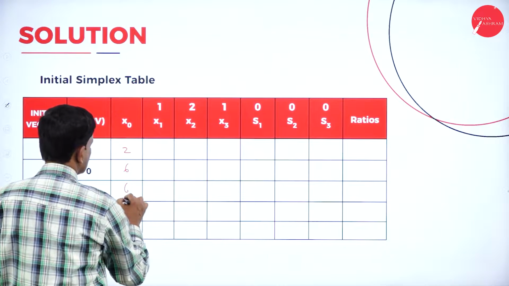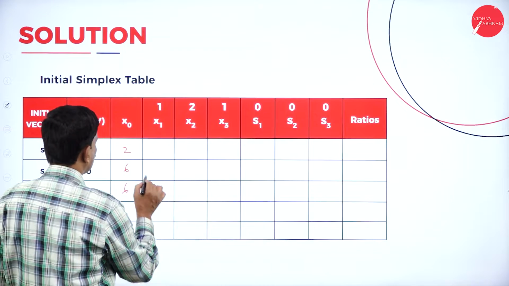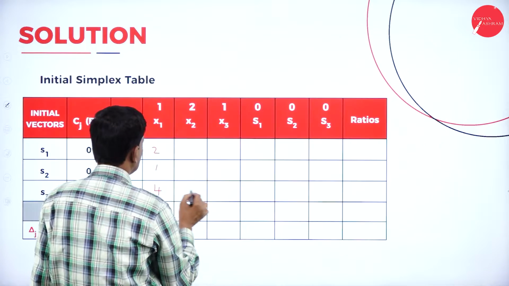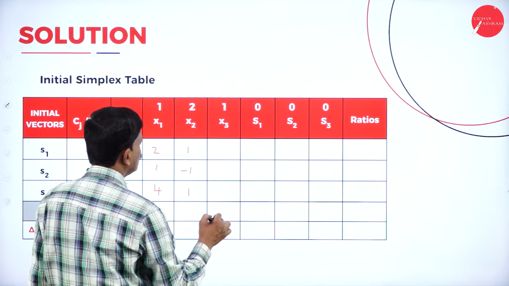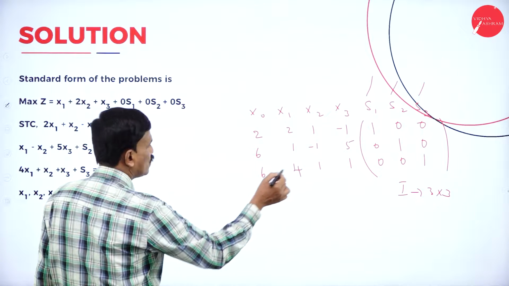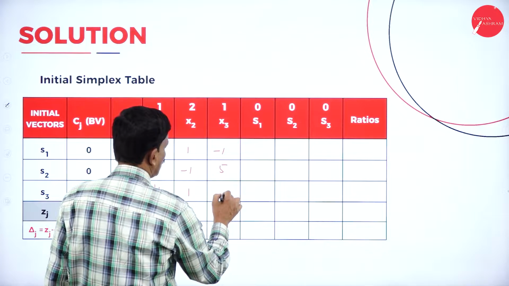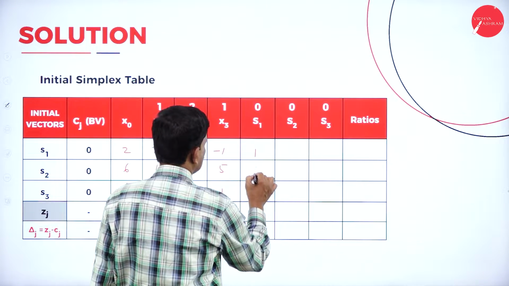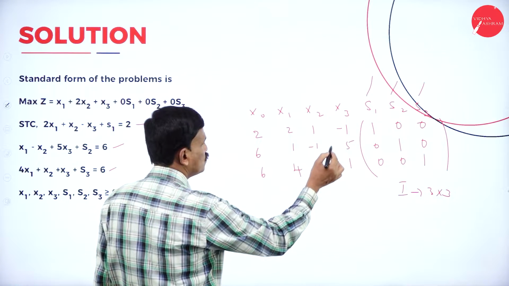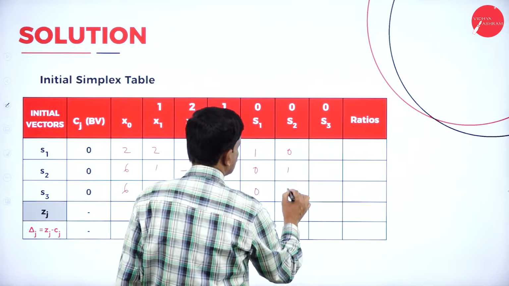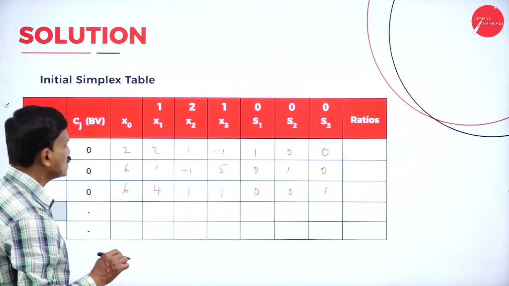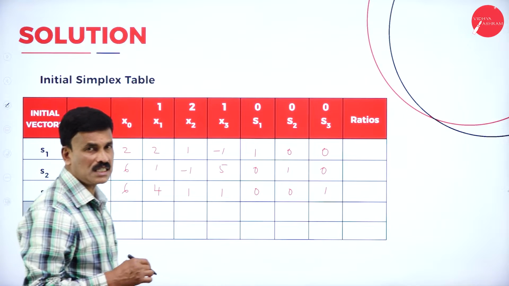For x1 the entries are 2, 1, 4, for x2 they are 1, minus 1, 1, for x3 they are minus 1, 5, 1, for S1 they are 1, 0, 0, for S2 they are 0, 1, 0, and for S3 they are 0, 0, 1. Now these are the entries.